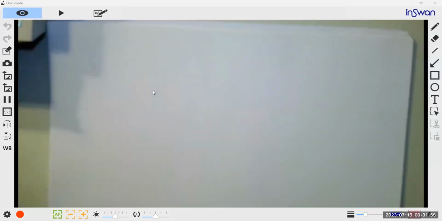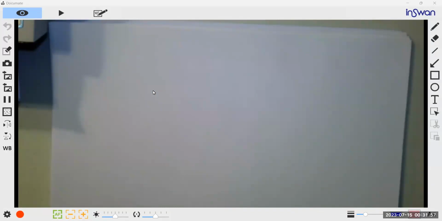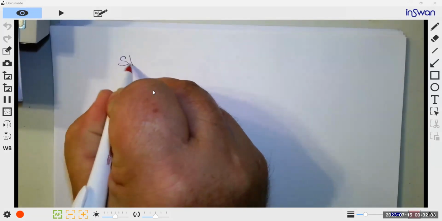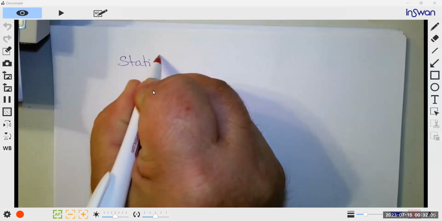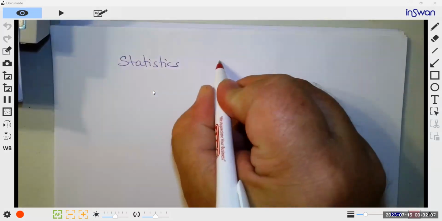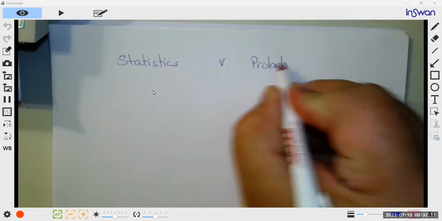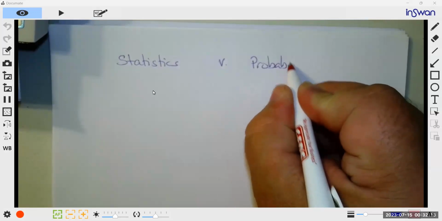But before we move on a little bit further, a lot of people get these two terms mixed up. Statistics versus probability.